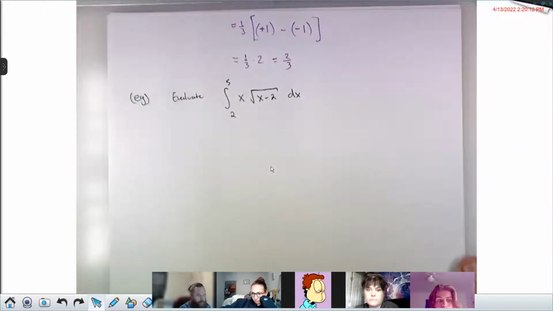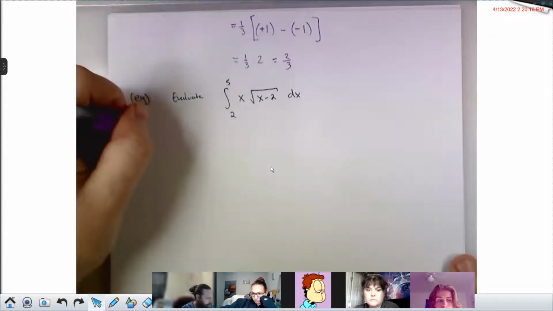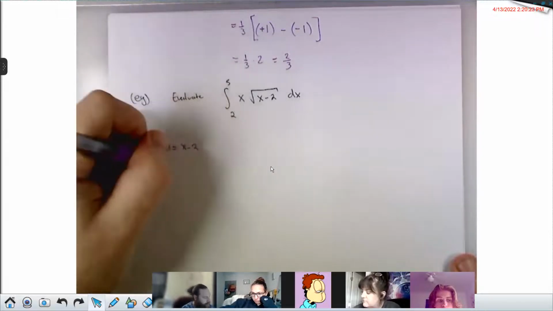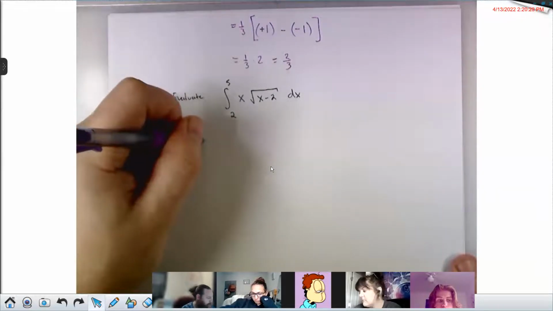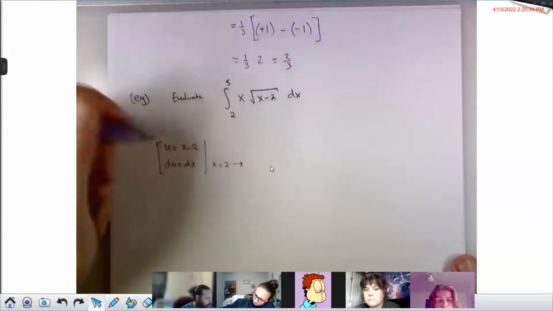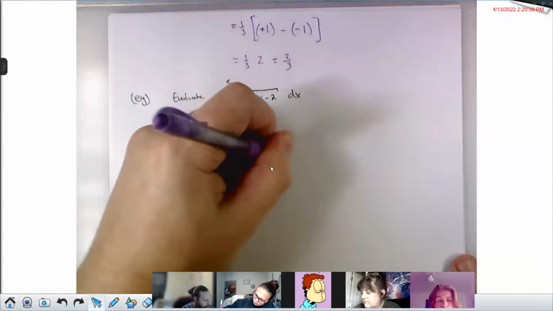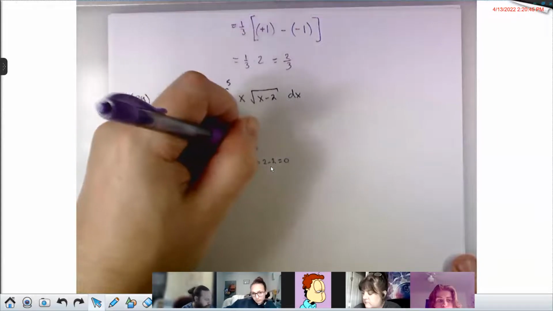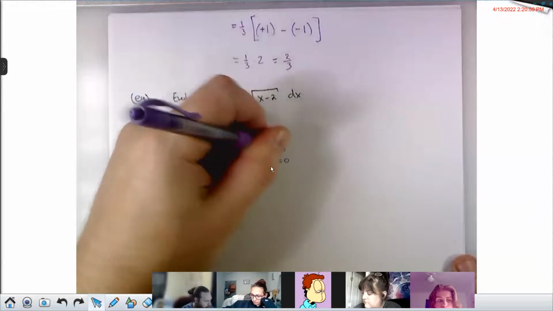The substitution here, we looked at a problem like this the other day, is going to be for the radicand, the thing under the radical. We're going to sub u equals x minus 2, which means that du is the same as dx. When x is equal to 2, u would be equal to 2 minus 2, which is 0. And when x is equal to 5, u would be equal to 5 minus 2, which is 3.